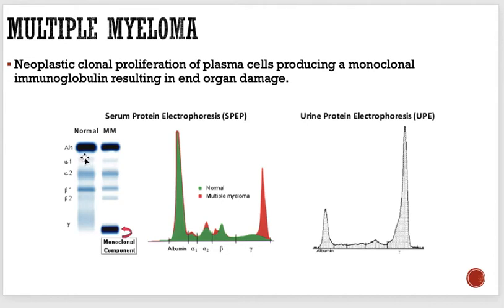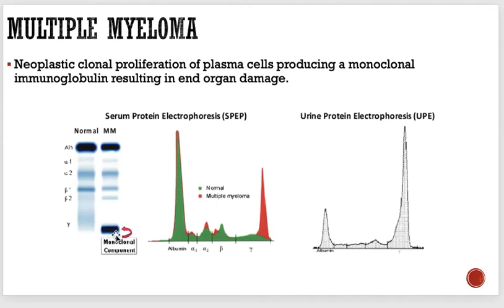Now, see the normal people. The green one is for the normal people. You can see over here a lot of albumin, few alpha 1 chains, few alpha 2 chains, then few beta chains, and then few gamma chains. But whenever there is multiple myeloma, what's going on? They have too much gamma chain.